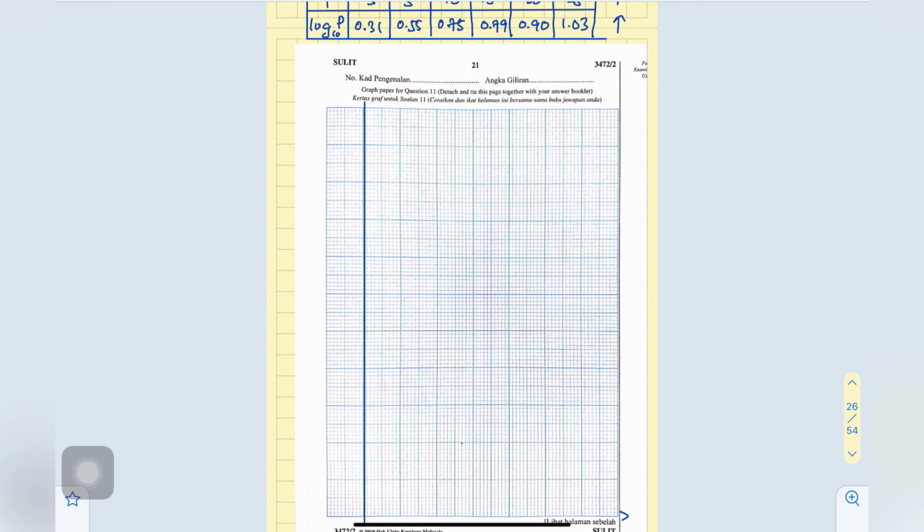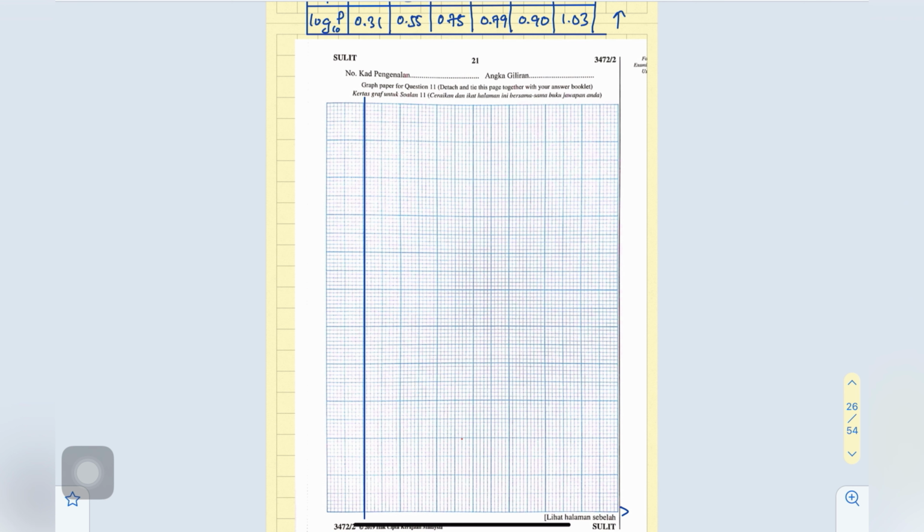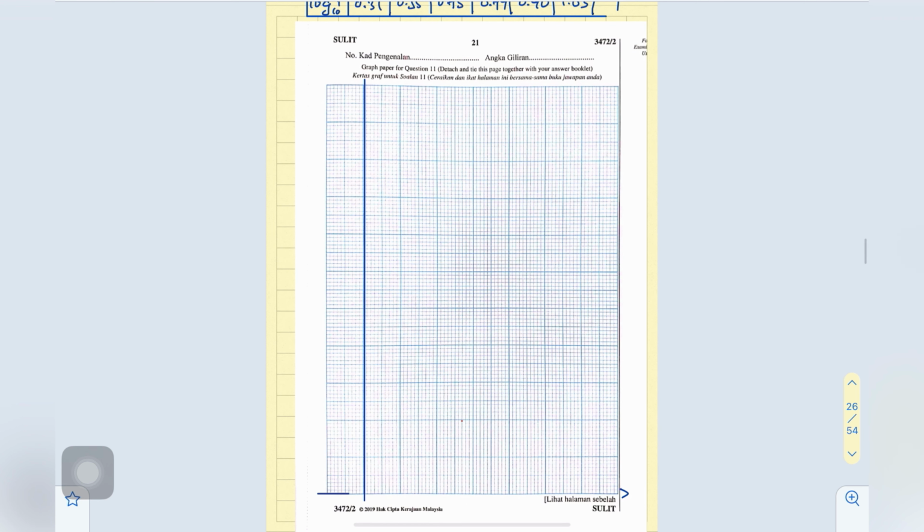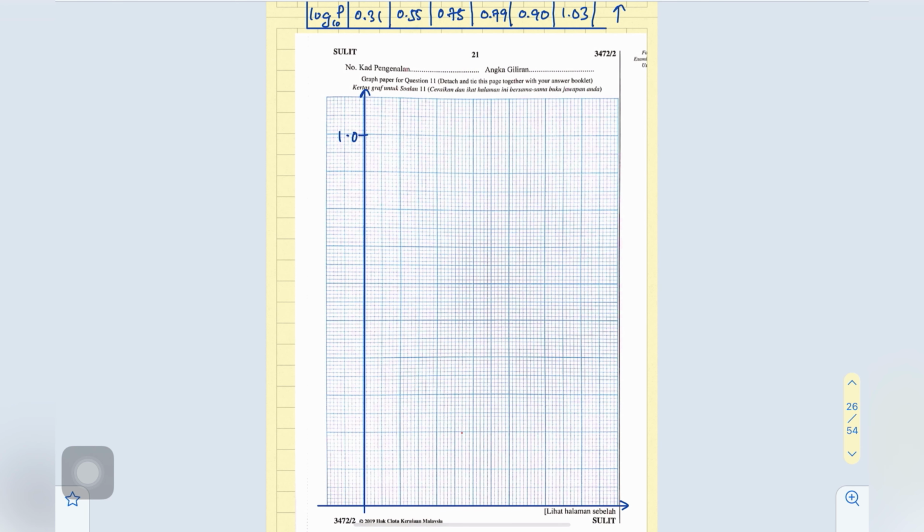So start from 1.0, this one 1.1. So 0.9, 0.8, 0.7, 0.6, 0.5, 0.4, 0.3, 0.2, 0.1.